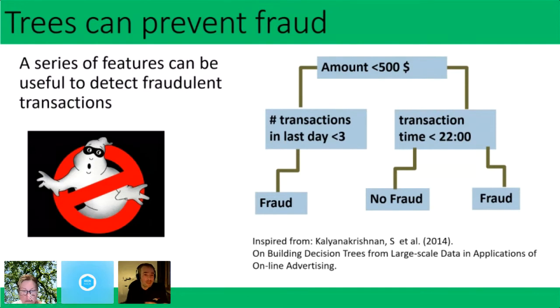In real life, these trees are bigger or deeper, but I thought here I would give you an example of some of the important features that are used to make these predictions. And nowadays they're still used. Like I said, they're more complex, but the idea behind it still holds. And these were the two examples.